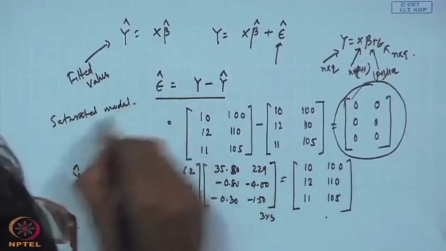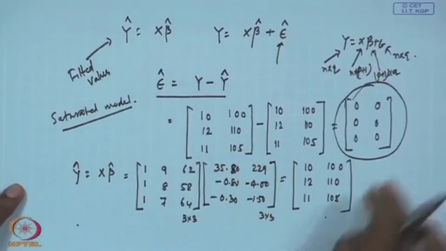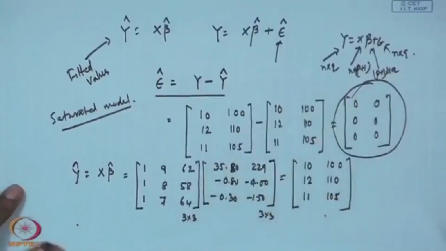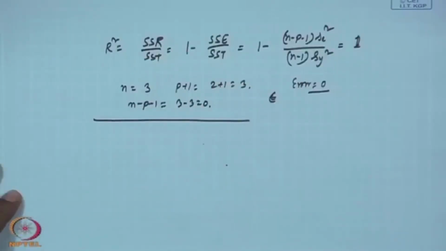The number of observations is equal to the number of parameters to be estimated. So in a saturated model case you will always get a perfect fit, but for regression purposes this is not desirable. Okay. So once you have developed this, your equation is ready.